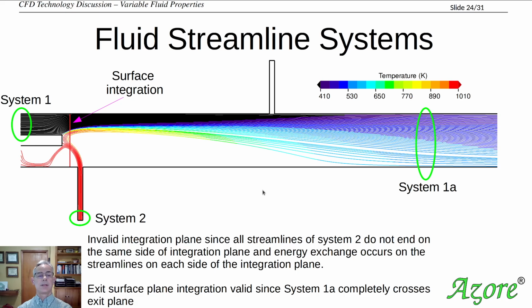So this would really be an invalid integration plane and not a plane that we would want to use for the energy conservative methods. If we really wanted to know some sort of average temperature there, there's really no such thing as an energy conservative temperature. Perhaps we could come up with an average temperature based on other methods like area or mass weighted.